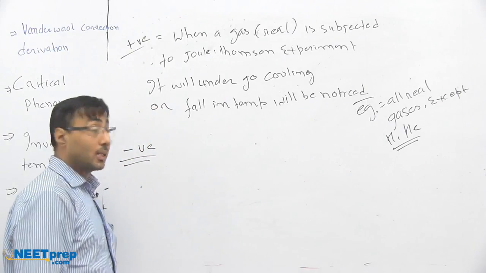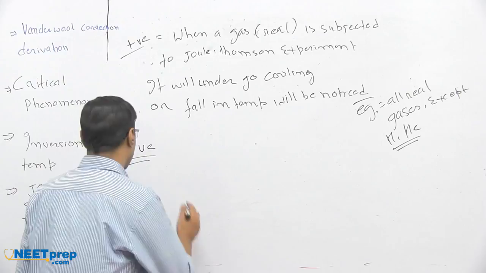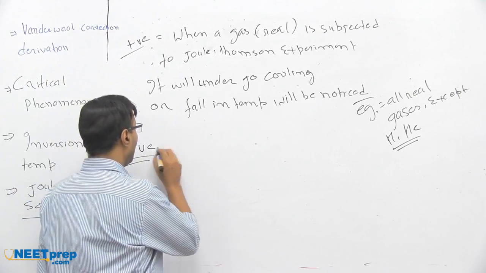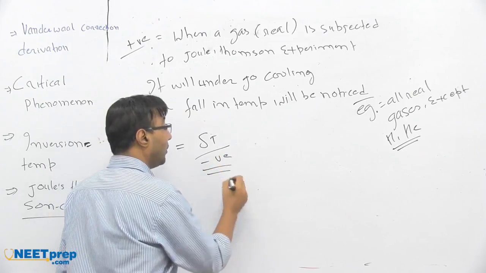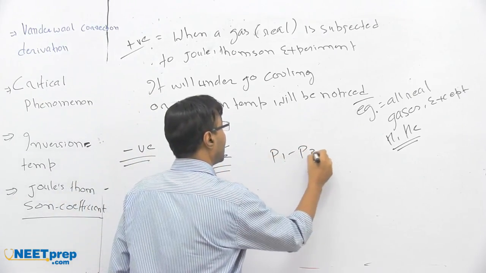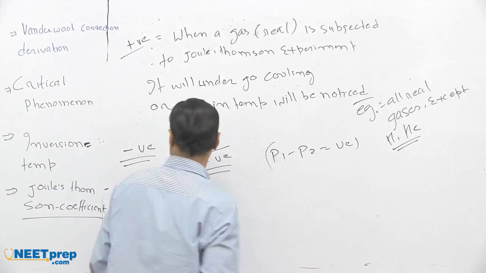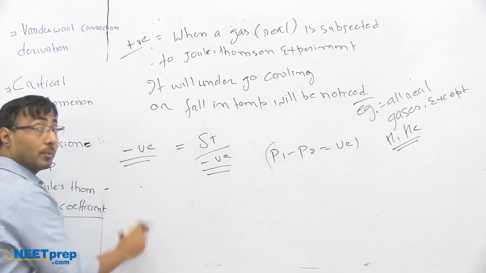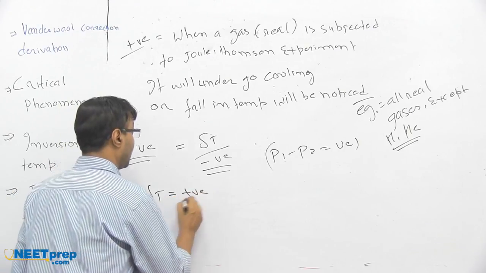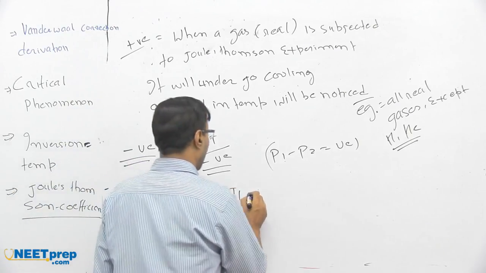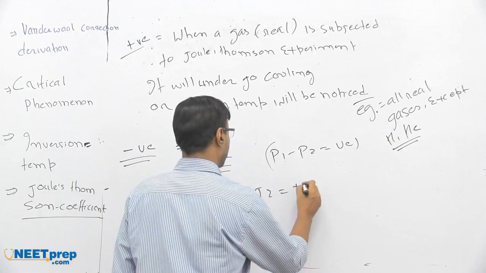Now mu JT is negative. In this case, what will happen? We know delT by delP is negative. Why negative? Because P1 minus P2 is negative. To make it negative, dT must be positive. It means T1 minus T2 is positive.